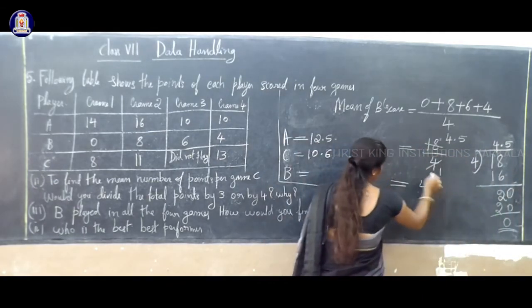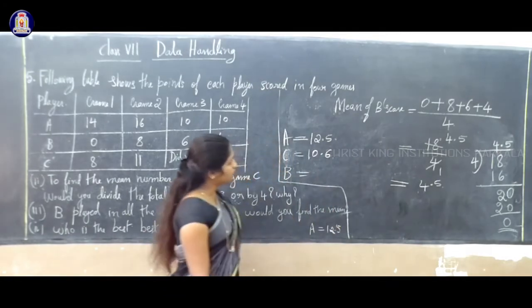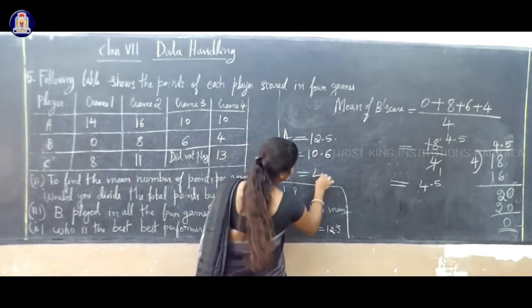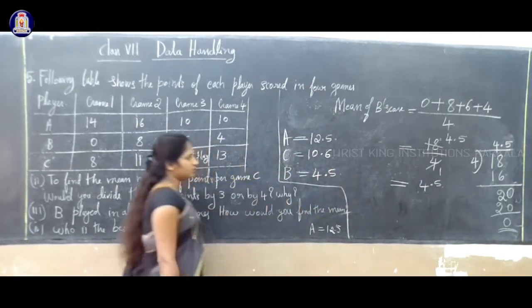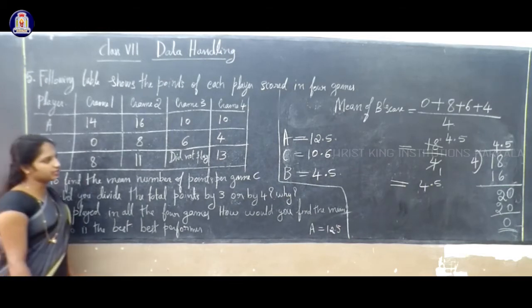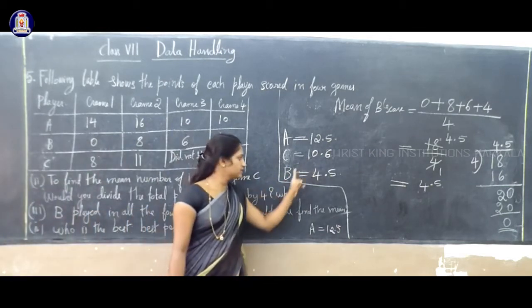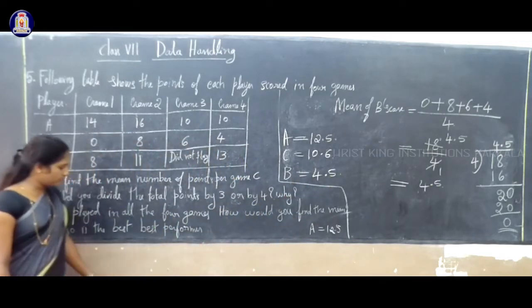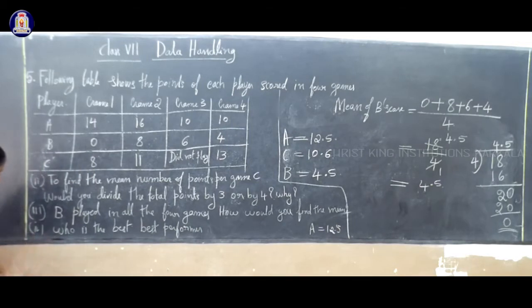So the average or mean of player B's score is 4.5. Clear? So the average of A's score is 12.5, the average of C's score is 10.6, and the average of B is 4.5. Clear?